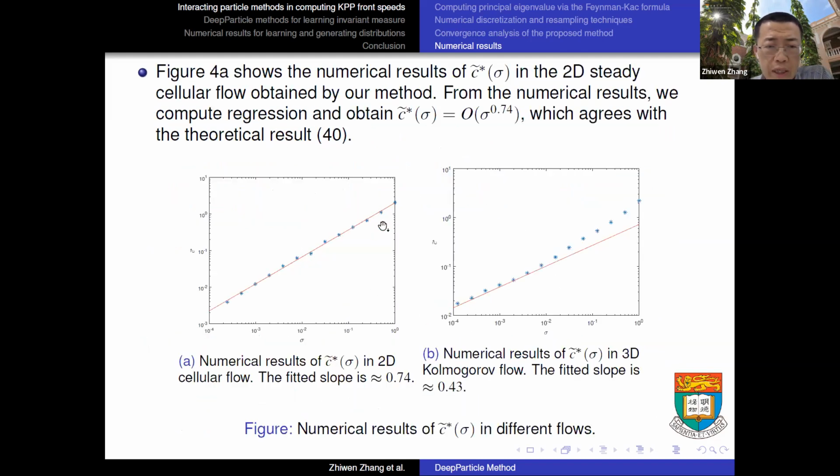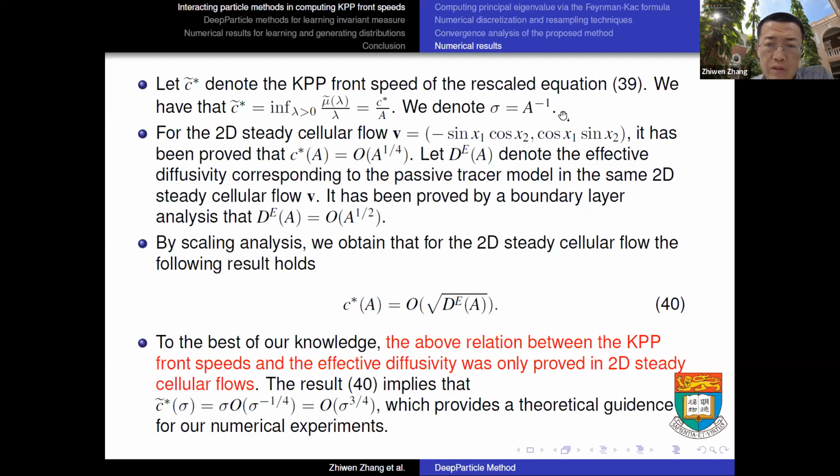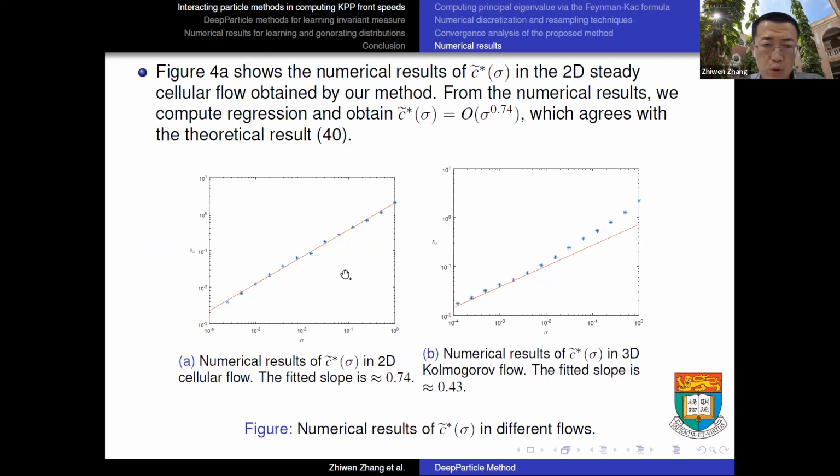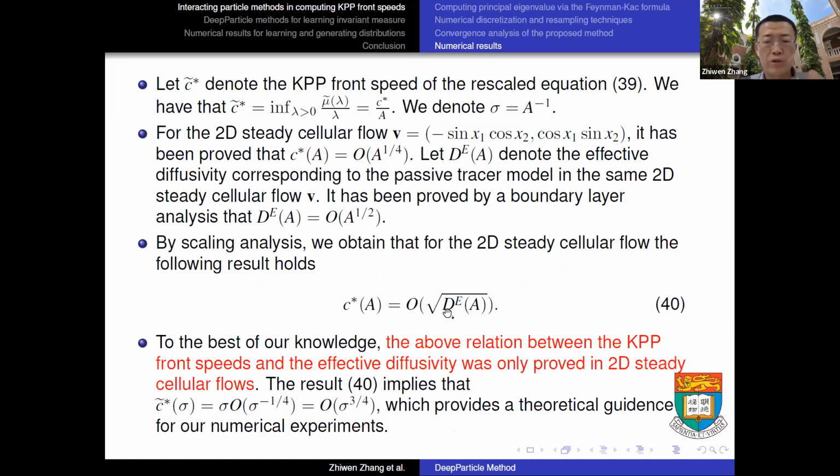This is very nice because it provides some guidance to verify our result. For the 2D case, in my previous work, I already computed the effective diffusivity for this type of flow, and in this work I compute the front speed. So I have the two results and can verify whether this relationship is true. This was already proved by PDE people, so it provides guidance to verify my algorithm.